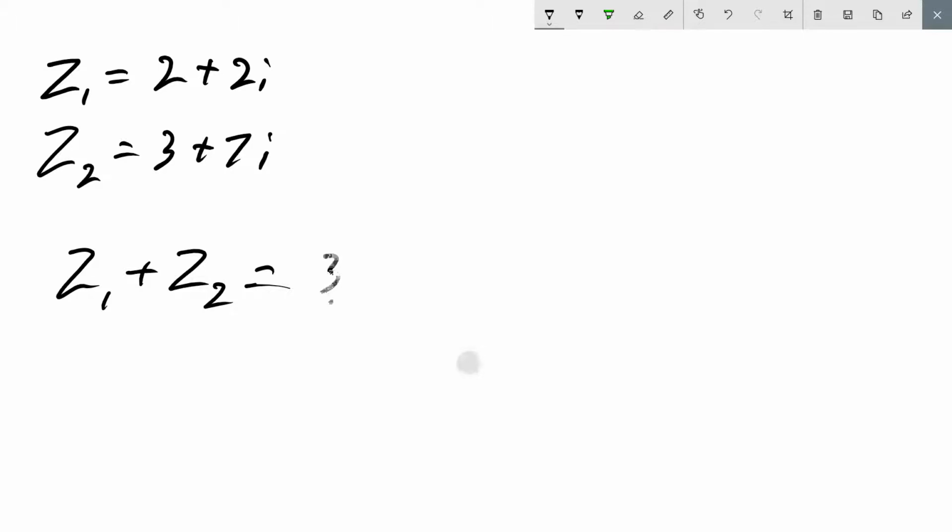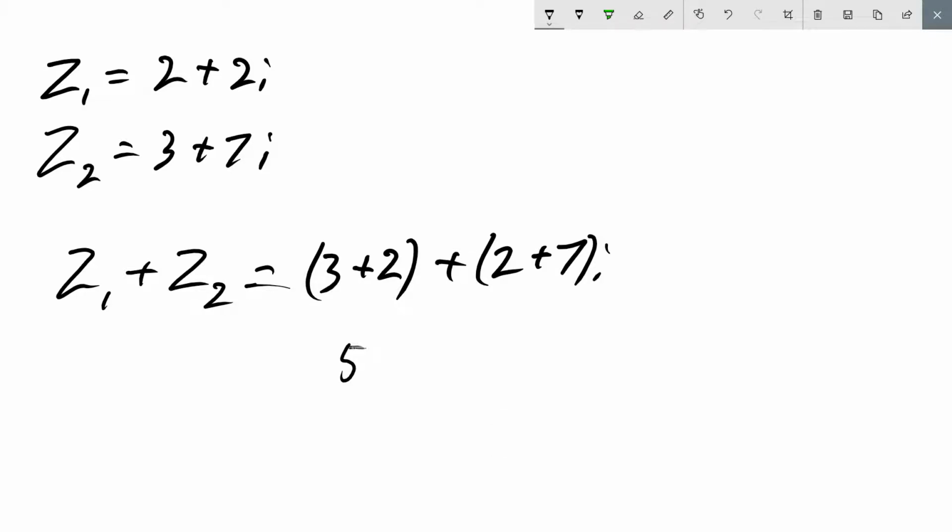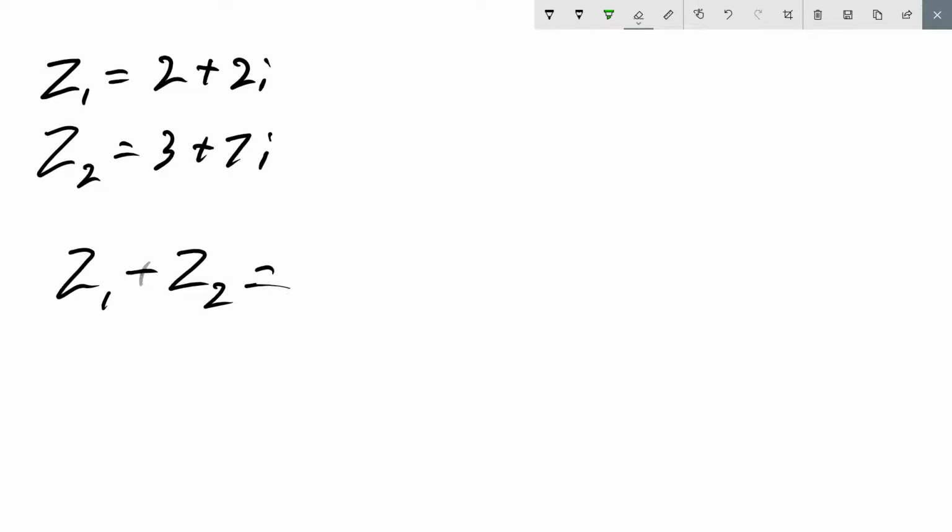So you have 3 plus 2 plus 2 plus 7i, if you really want to think of it like that. So we get 5 plus 9i is equal to z1 plus z2. Similarly, if we want to do some subtraction, we're just collecting like terms again, but this time we're making it slightly negative.